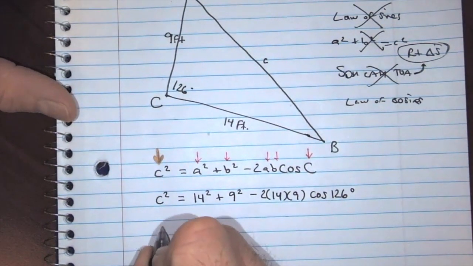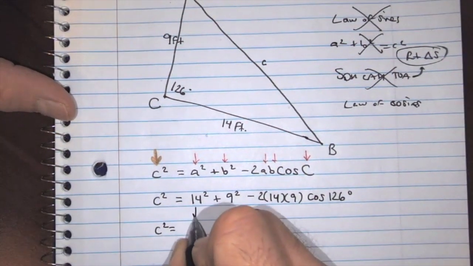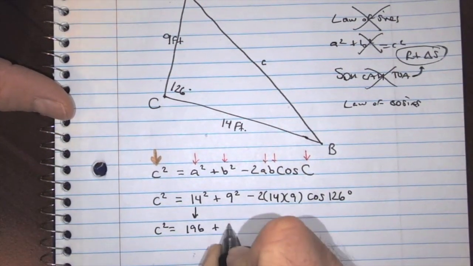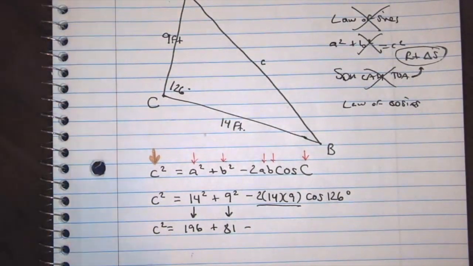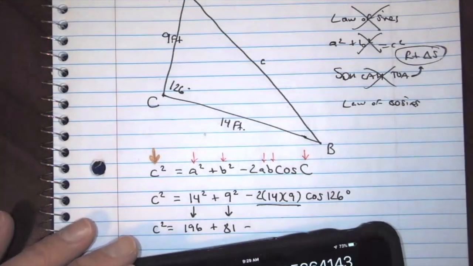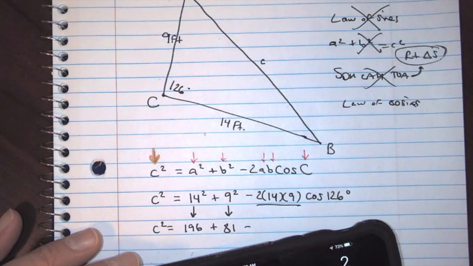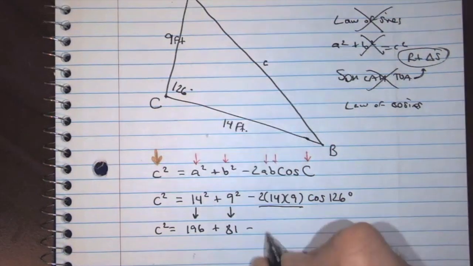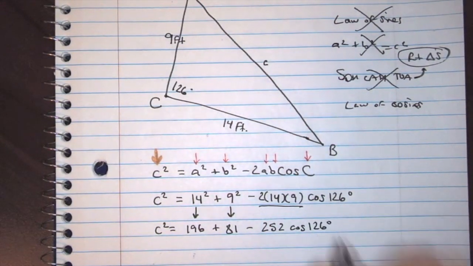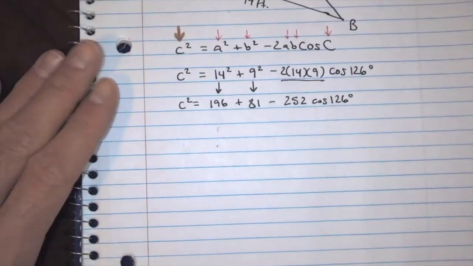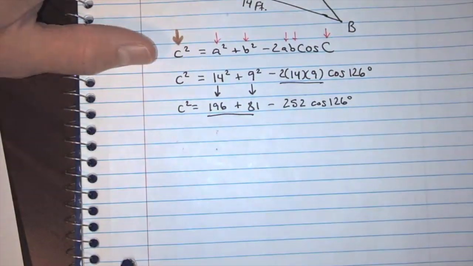Okay. C squared equals, that's 196. That's 81. I'm going to multiply all that together. 2 times 14 times 9. I'm getting 252, folks. Times the cosine of 126. Alright, combine like terms.